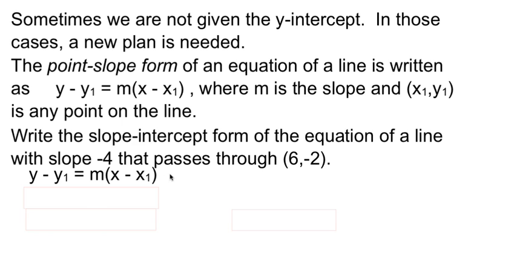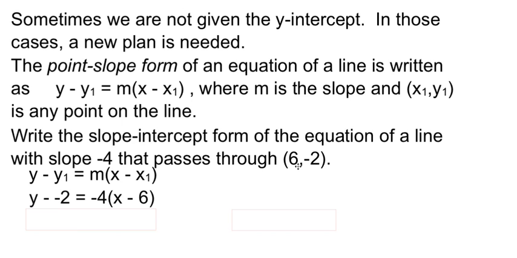We're going to start with point-slope, because I have a point, (6, -2), and I have a slope, -4. So I'm going to plug that information in. Y minus the y number equals the slope times x minus the x number.